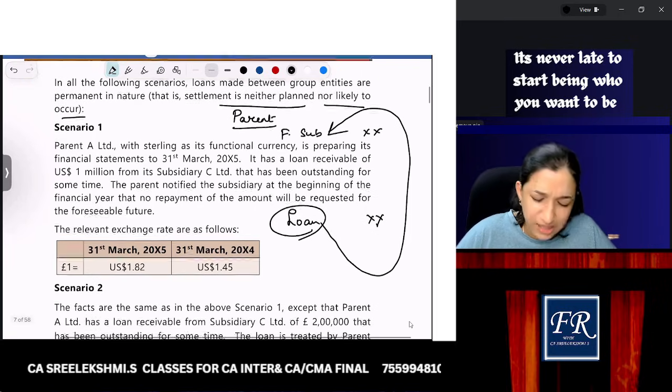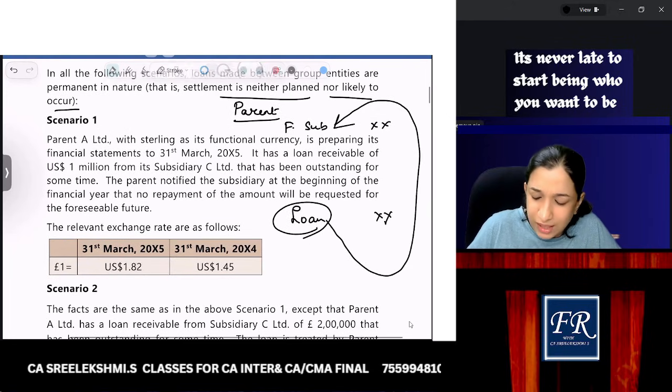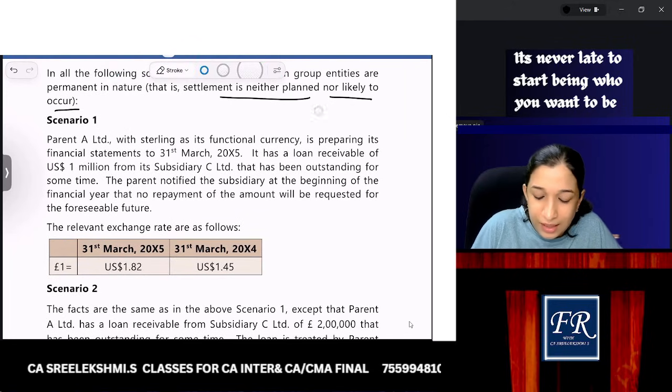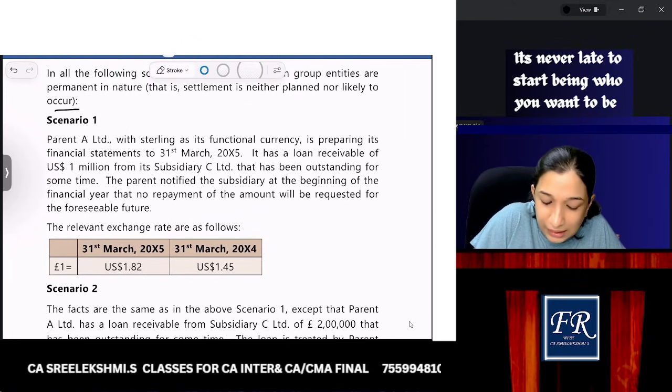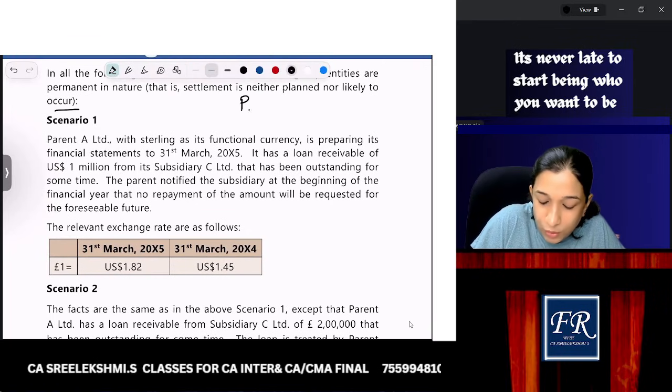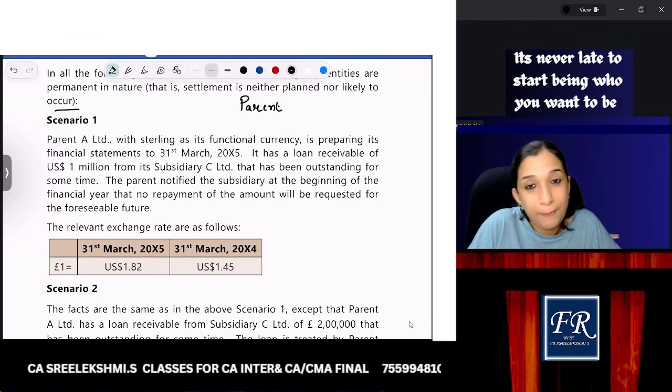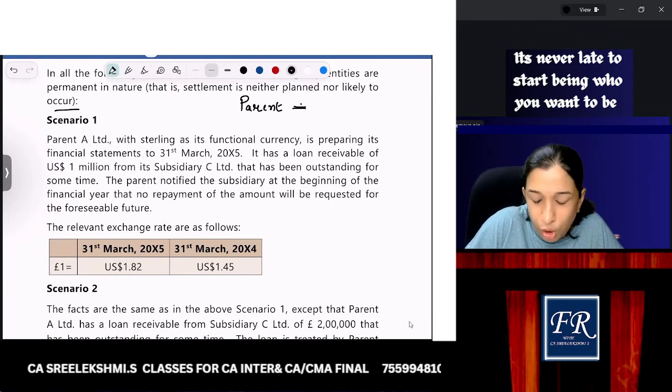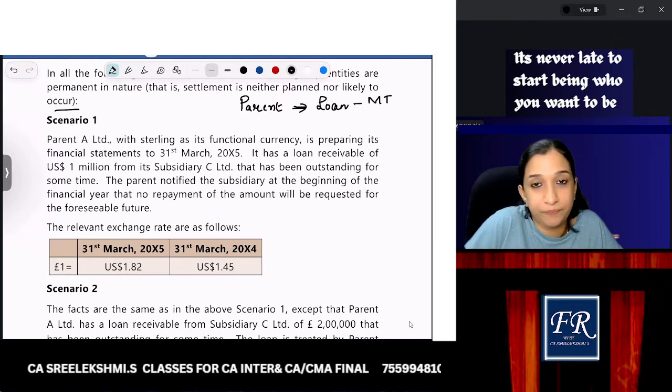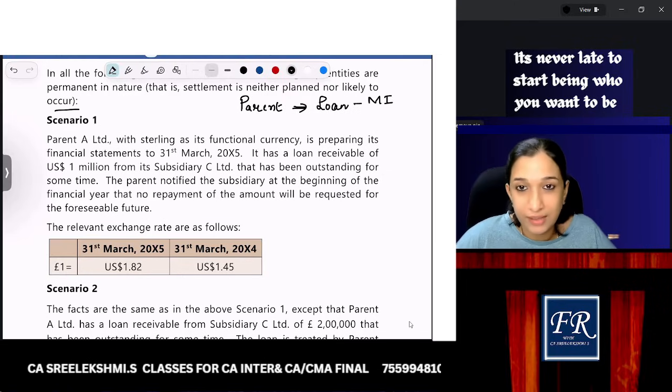So here let's find out what is the accounting treatment. The accounting treatment is in the books of parent company. Loan given is a monetary item.